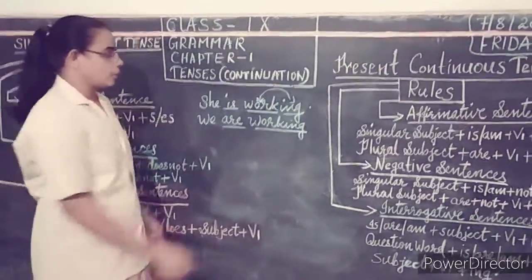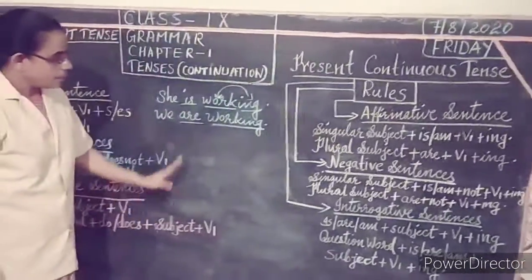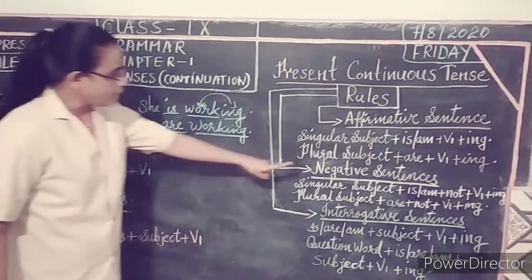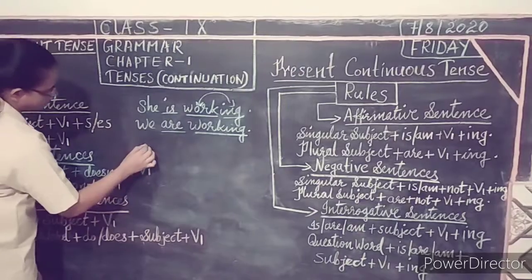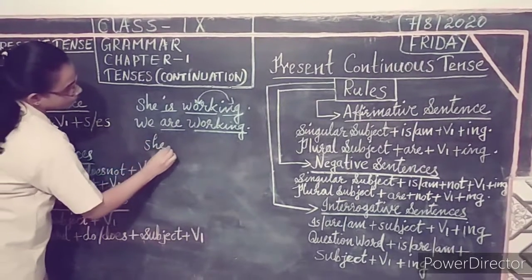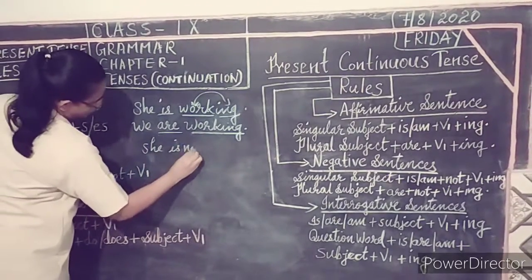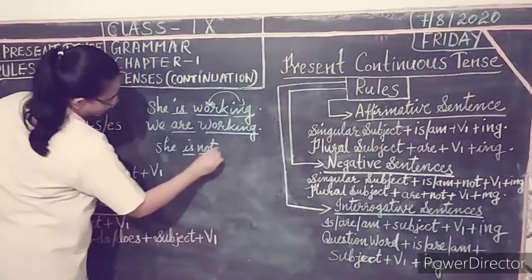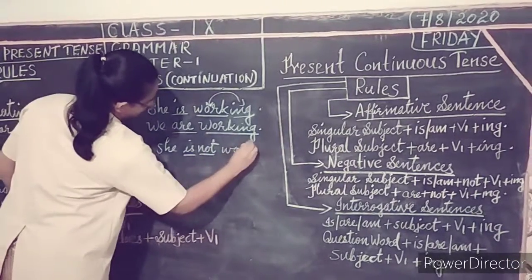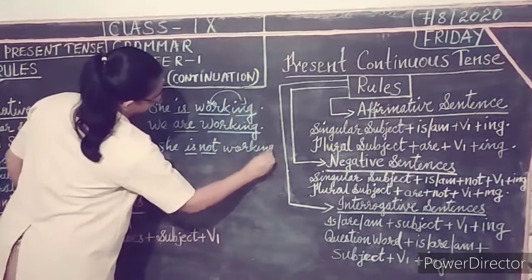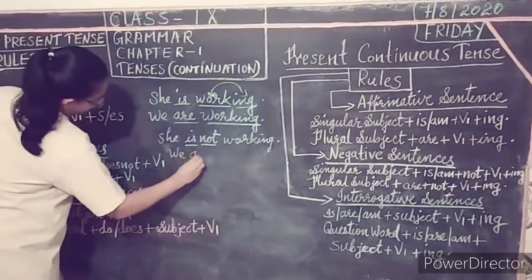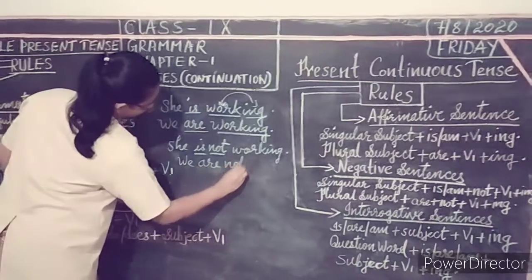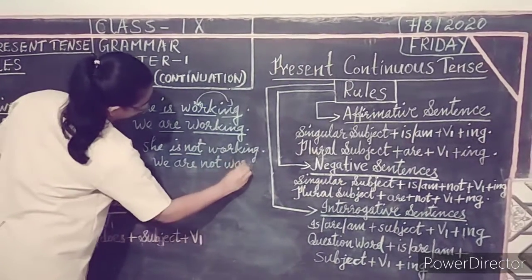We are working. Now let us make them into negative sentences using the present continuous tense. She is not working, and we are not working.